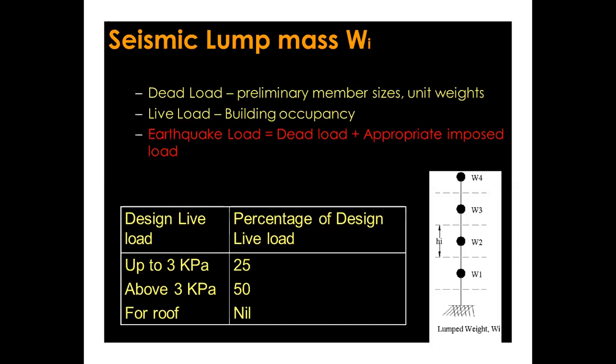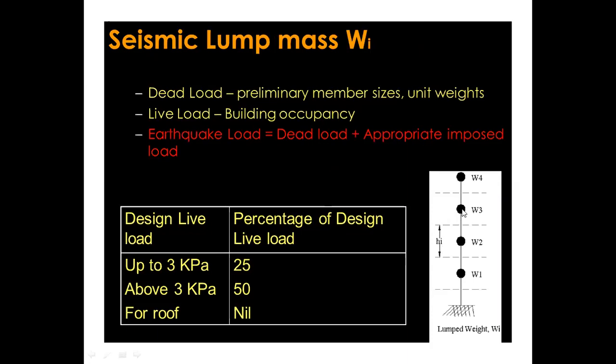The seismic lumped weight, denoted by capital Wi, is as shown in the figure. The first story is denoted by W1, second is W2, third is W3, and the fourth floor has a lumped mass W4. Each floor has an equal height, denoted by hi.